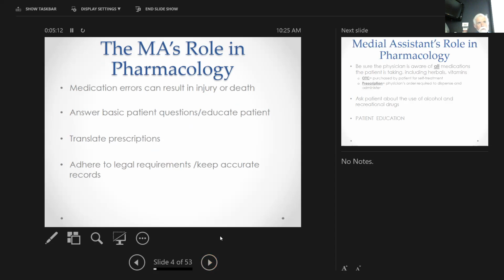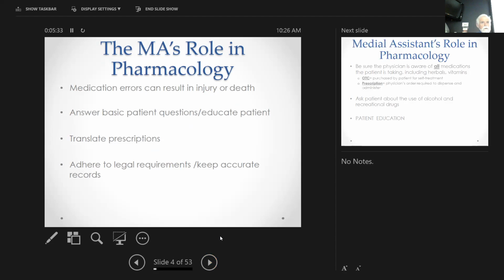Fortunately, most of these errors get caught before the patient is exposed to something that is potentially dangerous to them. And they get caught because we have mechanisms for checking at every step along the way. We'll learn about those as well.